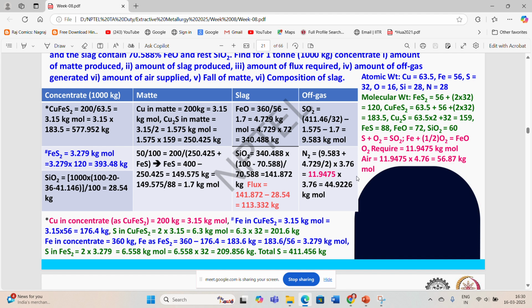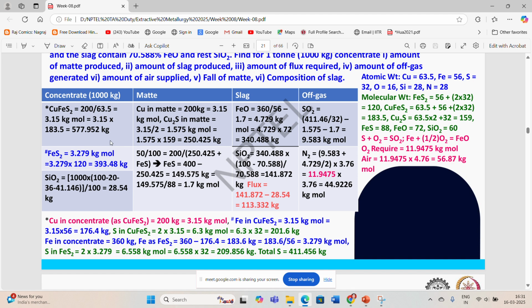So those are going to be our input materials. What will be the output materials? One will be the matte, then there will be slag production, and then there will be off gases. The atomic weights and all things are given, so now we go with the mass balancing process.